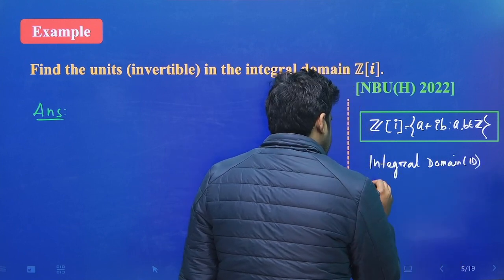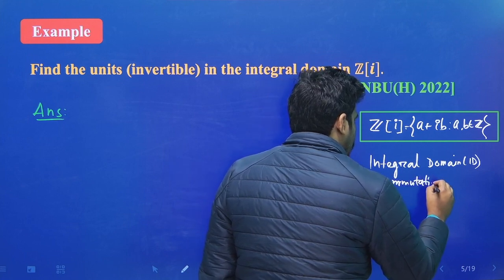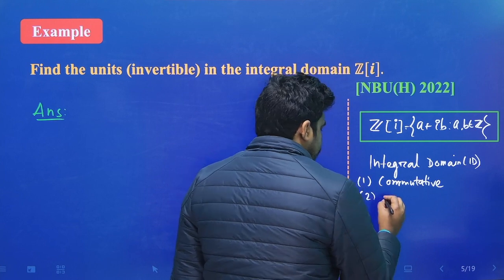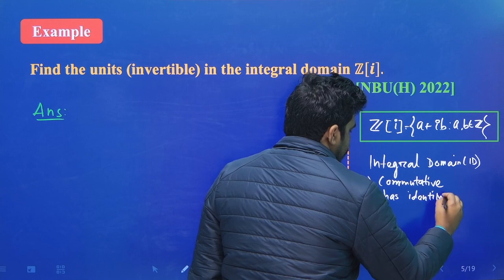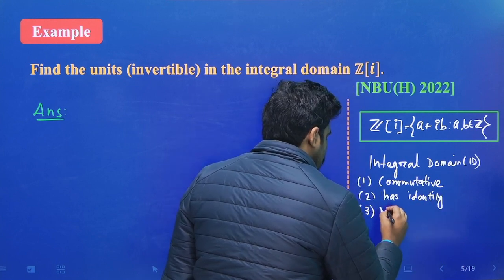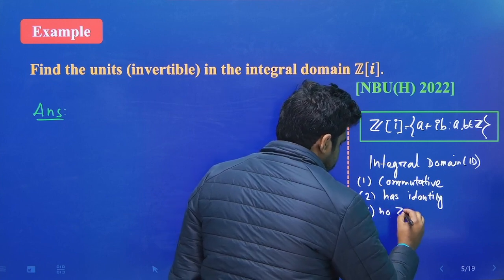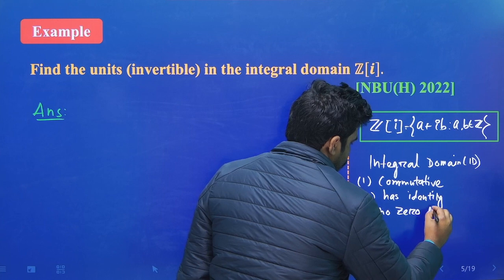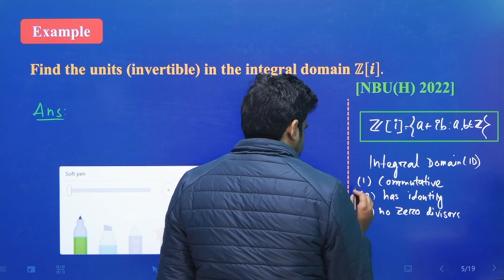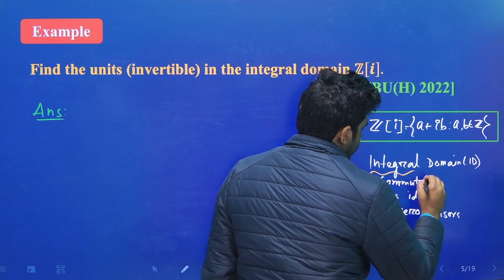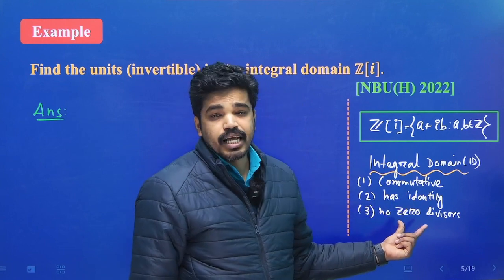First condition, it should be commutative. Second condition, it has identity. And third condition, it has no zero divisors. So an integral domain means it should be commutative, it has identity, and it has no zero divisor.